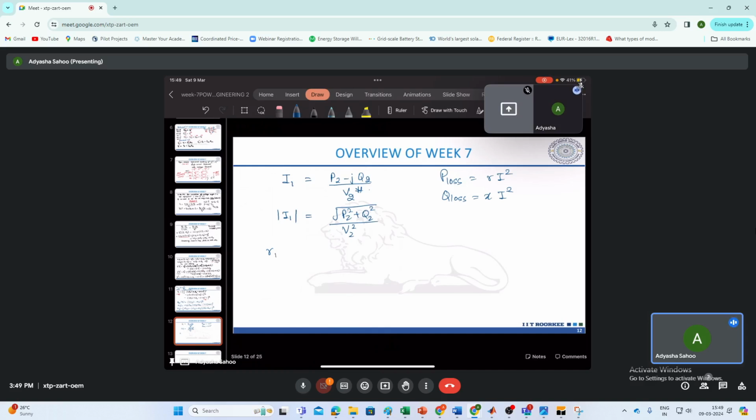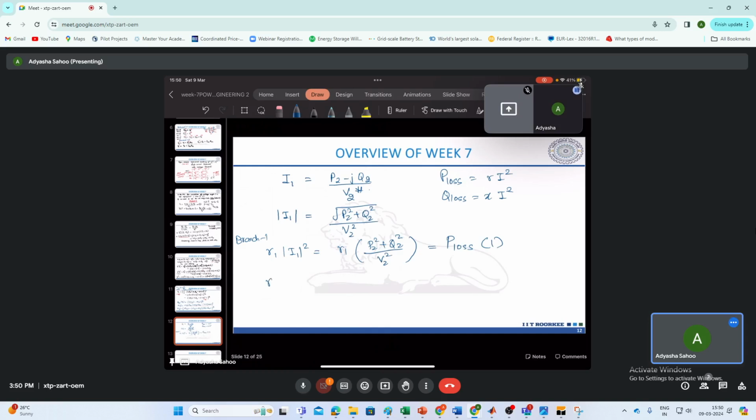So here this is branch 1, right? R1 I1 square is equal to R1 times P2 square plus Q2 square divided by V2 square. So that is your P loss in branch 1.